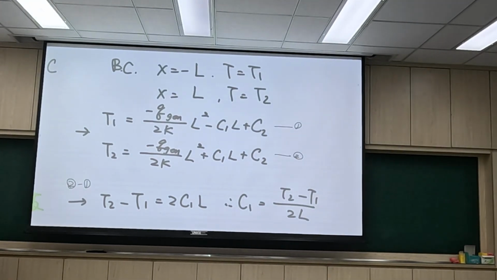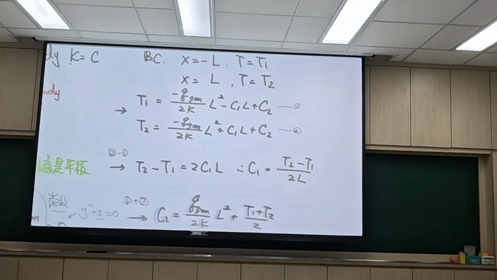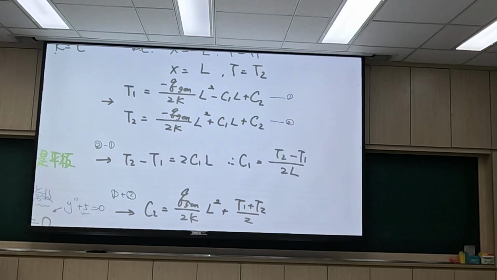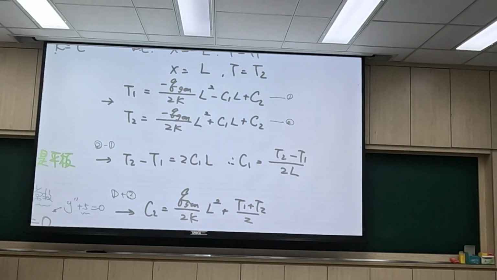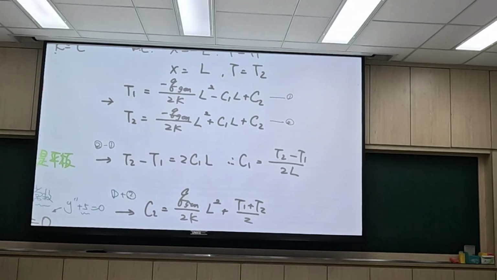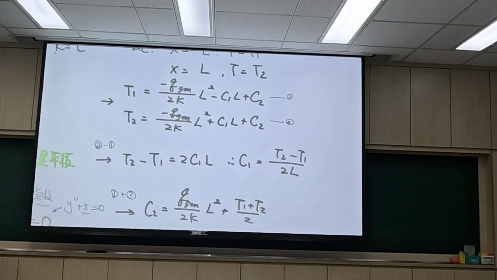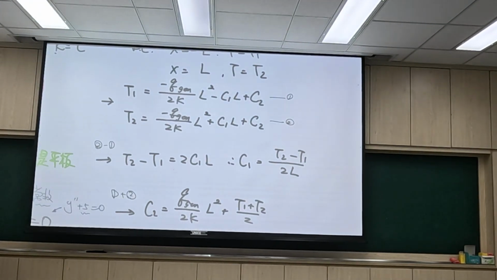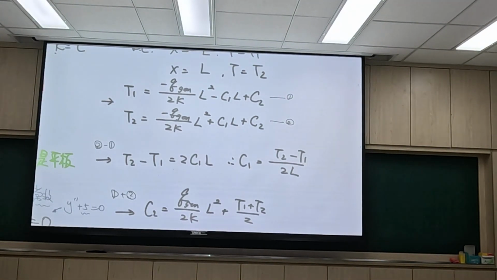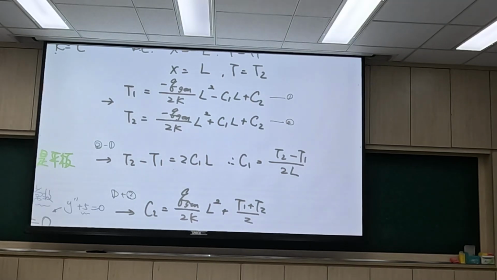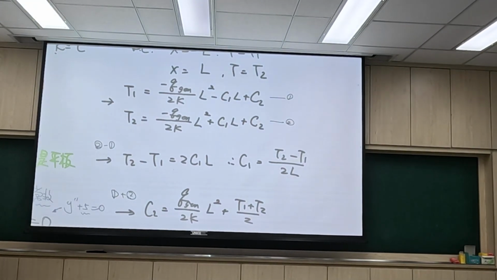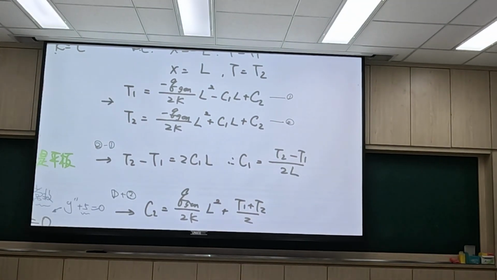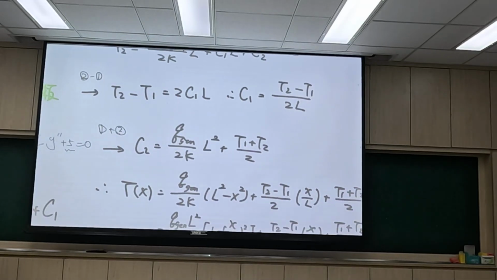Slightly complicated, but you assign them as equation 1 and equation 2, and equation 2 minus equation 1 gets rid of C2. Then you have C1, and if you combine equation 1 and equation 2, you get C2.